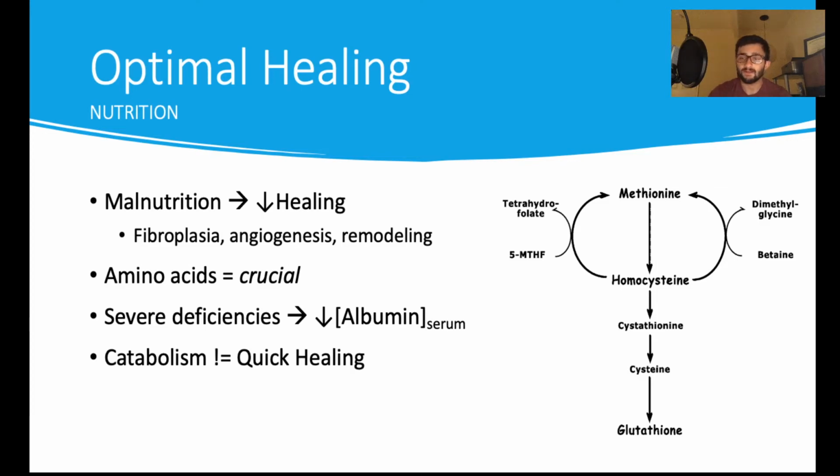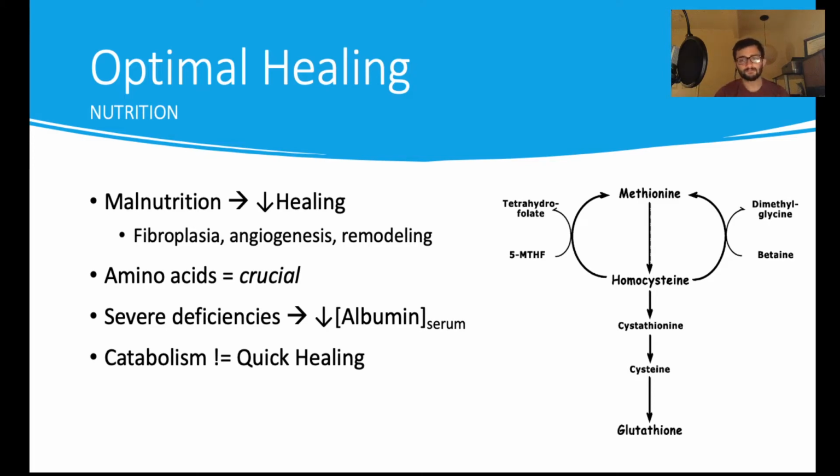And secondly, methionine is involved with the eventual formation of glutathione. And we know that glutathione plays a key role in maintaining proper function and preventing oxidative stress in human cells. Now, I'll show you a little bit more about that in the next slide, but you can already see that methionine right here is involved with THF and glutathione, right?